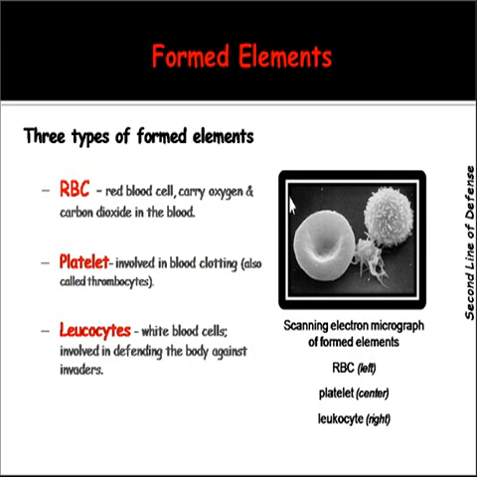See, this is the scanning electron micrograph of these three types of cells, and just by looking at their morphology, you can easily make out the function of each of these cells. This particular cellular structure has a smooth surface and is a disc-like structure, which means it has to move from one region to another. So this is definitely the RBC.